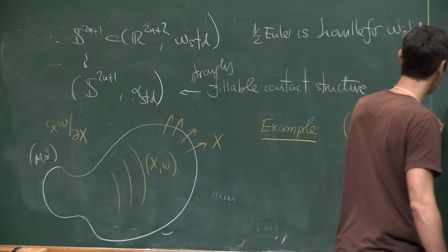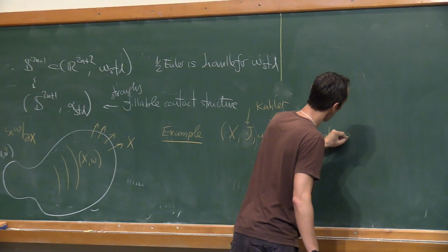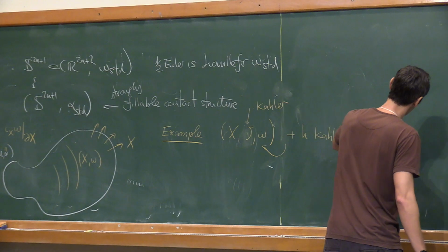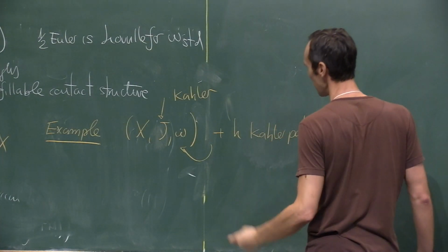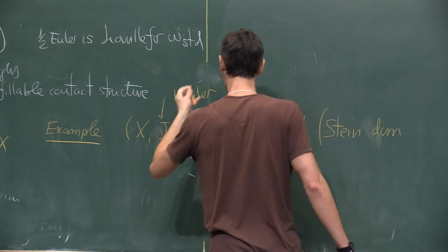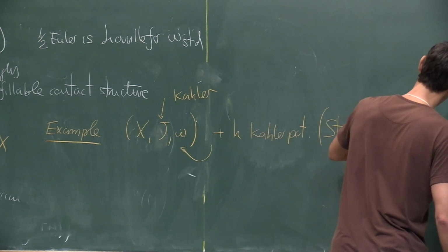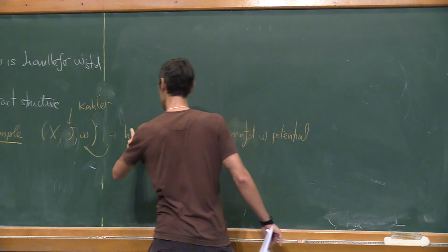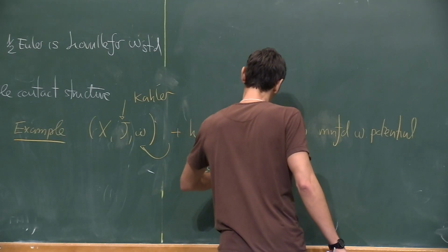So assume that there exists h, a Kähler potential. So this would be a Stein manifold, or Stein domain, to be more precise, with potential. So this h means simply this equation.